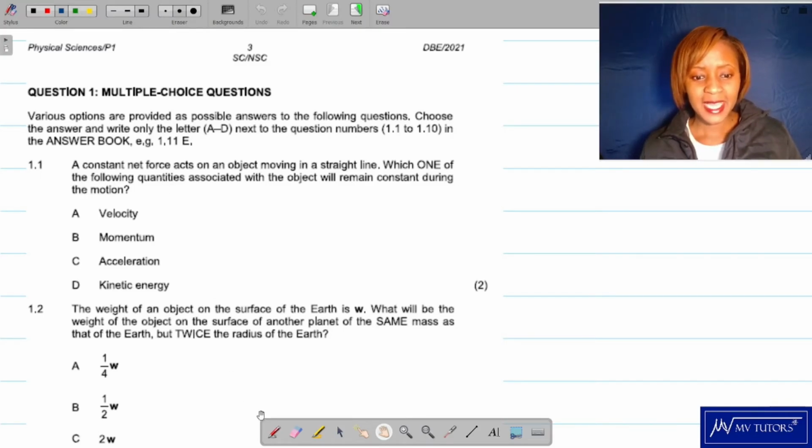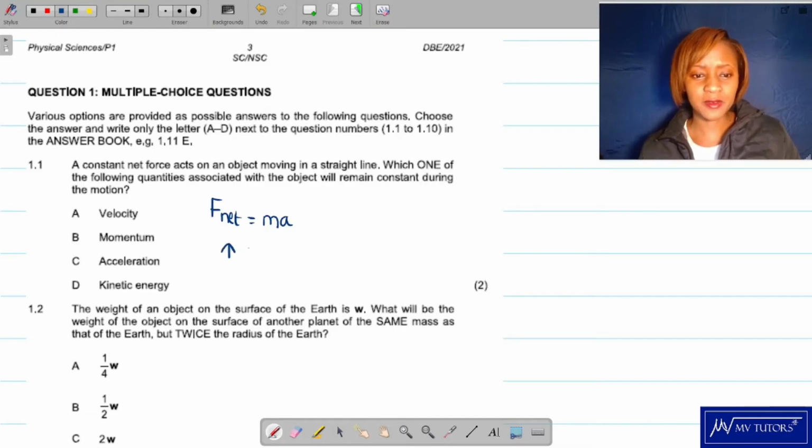Okay, like I said, I'm reminded of Newton's second law where you have an object moving in a straight line and then a resultant force, or a net force, acts on it. So the acceleration of the object will be in the direction of that force acting on it. And the acceleration is directly proportional to the force, but inversely proportional to the mass. So basically, the net force is equal to mass times acceleration.